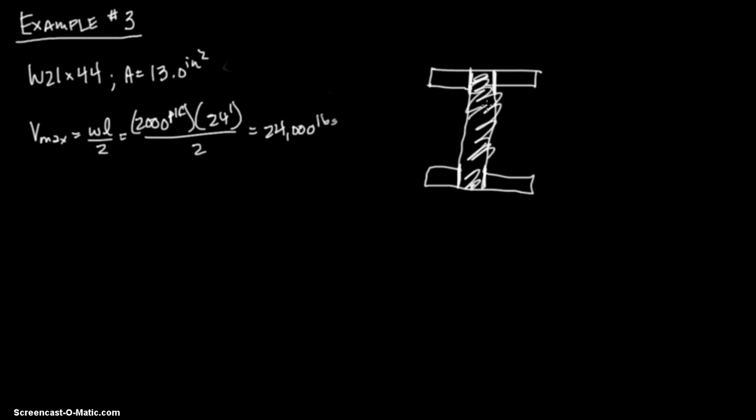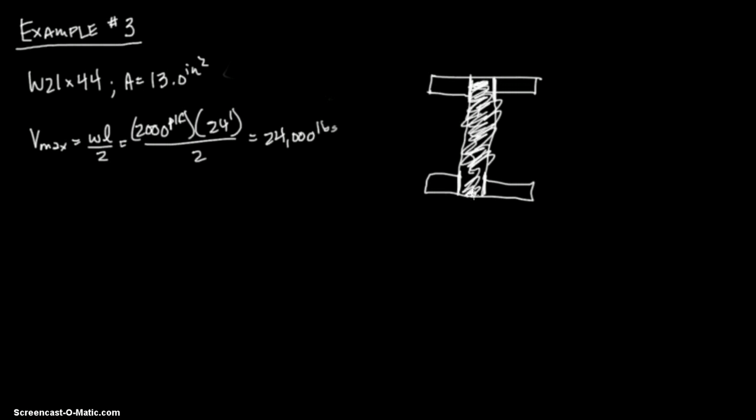You don't include the flanges, which will actually take some, but for the type of design you want to do, you assume that your web all the way up to the top and bottom is the only thing that's going to work for your stress.